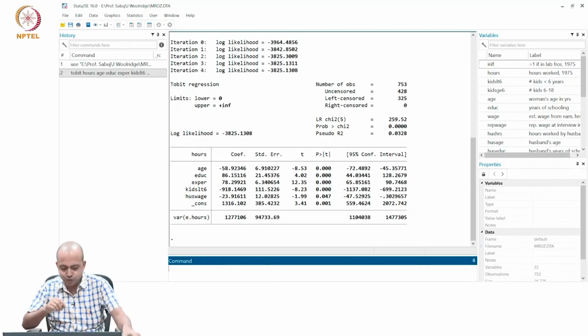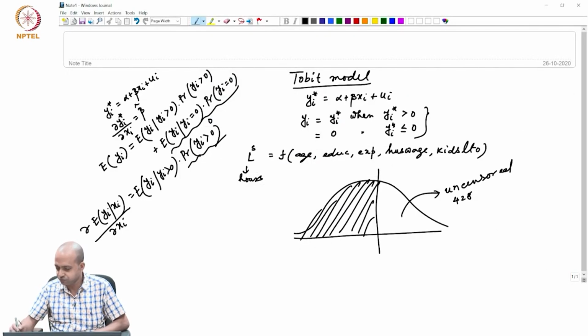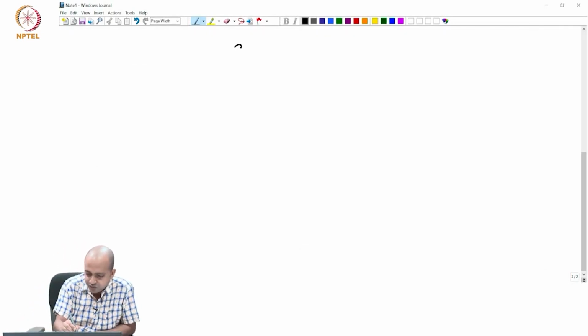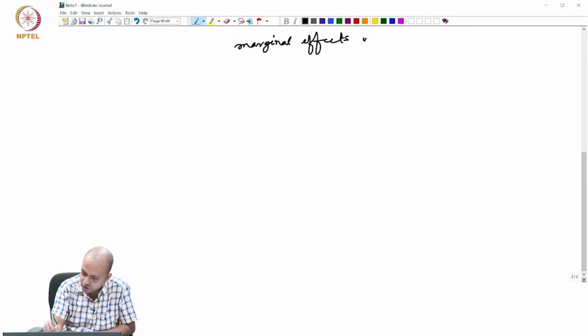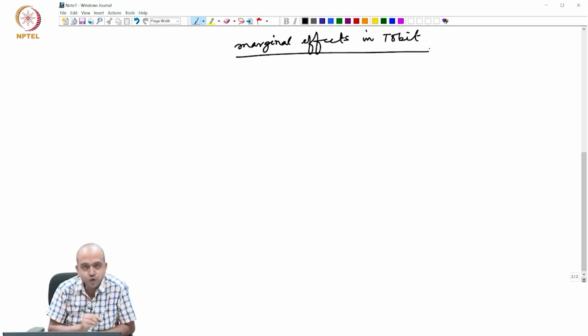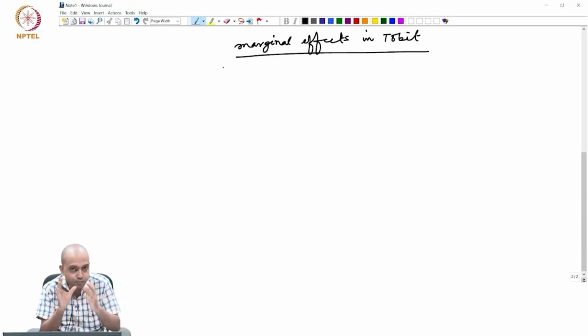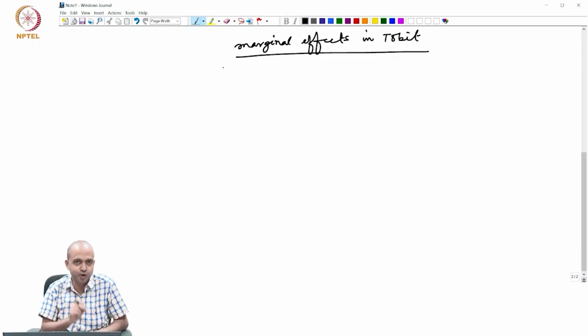Now, here in the context of Tobit, there are two types of marginal effects in Tobit. If you recall, we said that the Tobit model is basically Tobit's Probit. That means a Probit model is inbuilt in the Tobit model. So, we can imagine there are two stages.